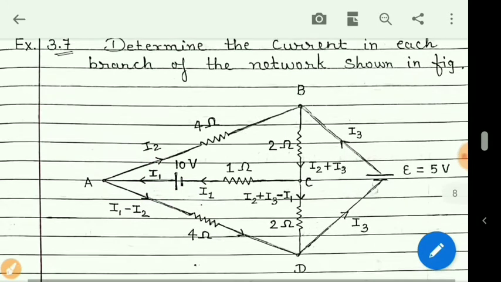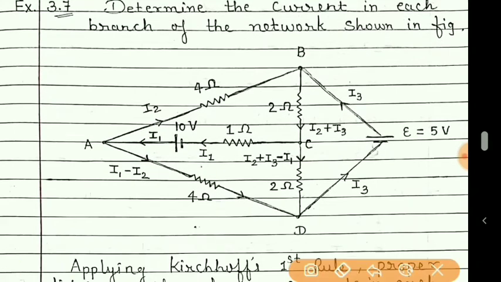We did the same thing here. Current I2 is moving to point B as well as current I3 is moving to point B. So both currents get added and the resultant current is towards point C. So here also we applied Kirchhoff's first rule.